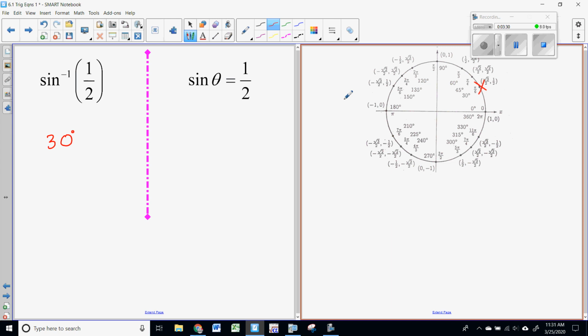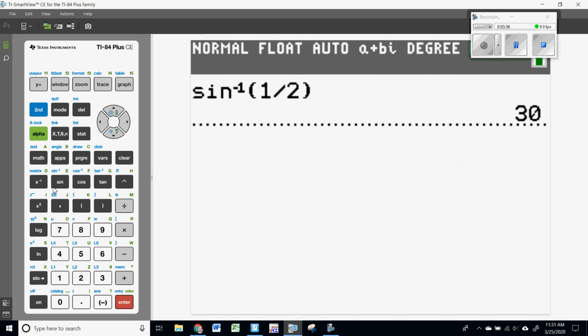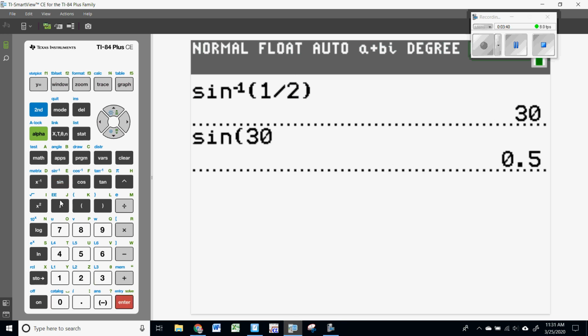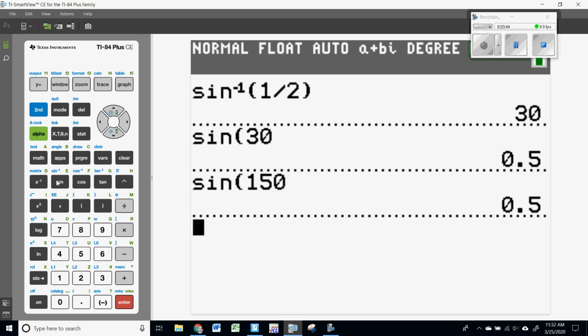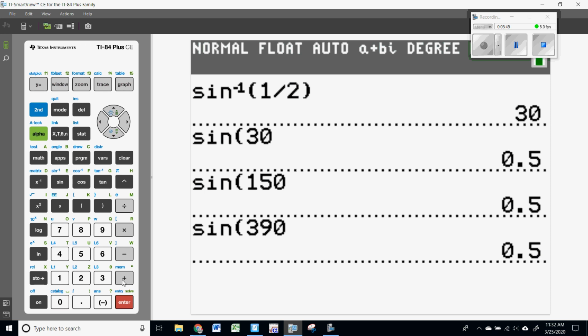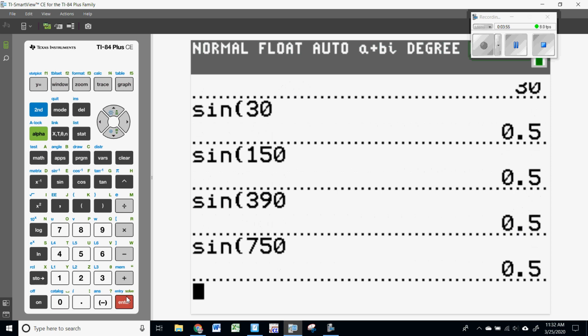Now, we'd say there are other angles that have the sine of 1/2. If we go on the calculator, yes, the sine of 30 is 1/2, but so is the sine of 150, so is the sine of 390, so is the sine of 750. So there are a lot of angles that have the sine of 1/2.